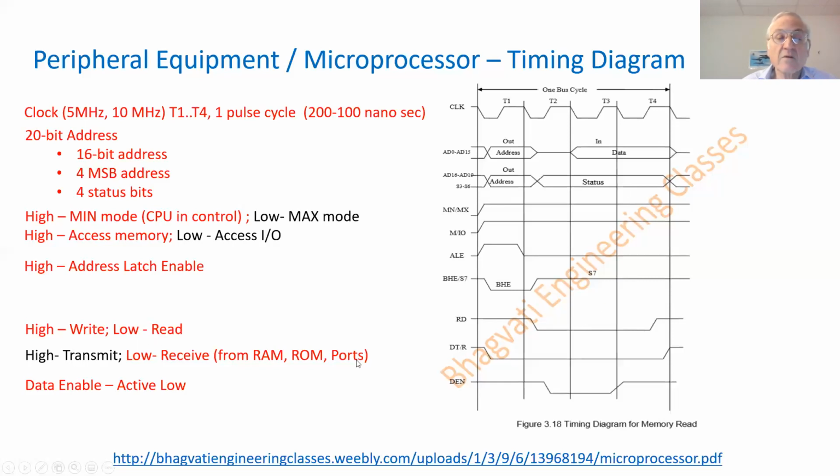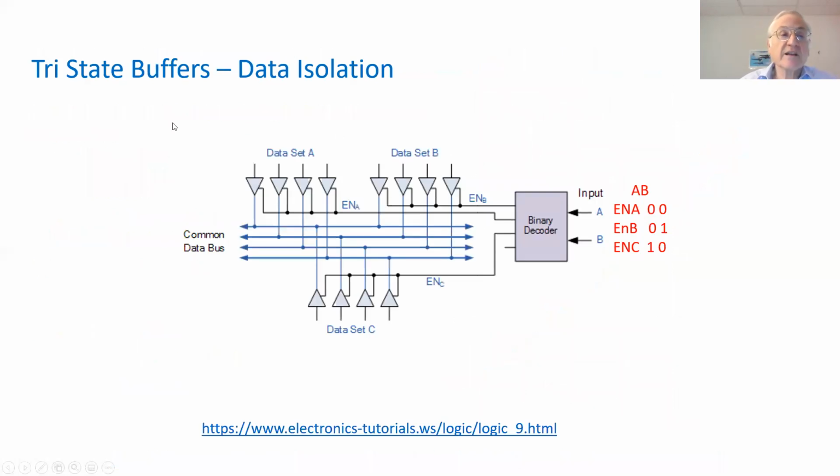And then we have over here the decision whether it's going to be on this pin, transmit or receive, and low is receive. So we are receiving the information from a memory, and this activates the data when it is low, this pin.